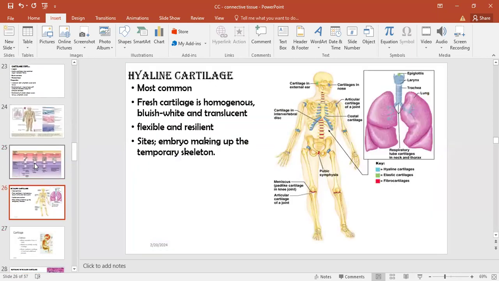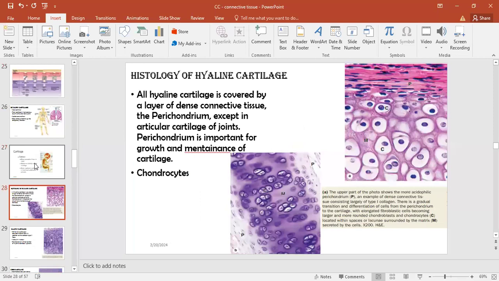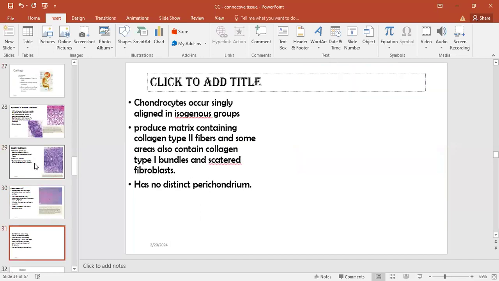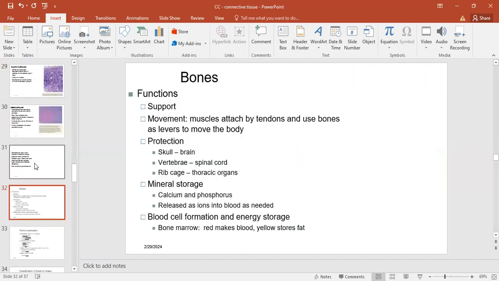And those 3 types include, one, collagen fibers, of which there are about 28 types, from type 1 to type 28, but just a number of them are usually common, and so they're the ones that are talked about the most.